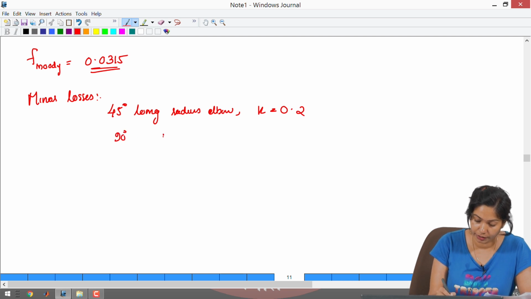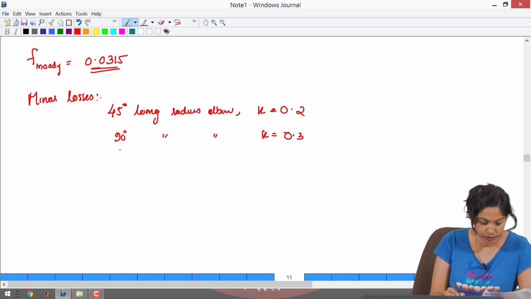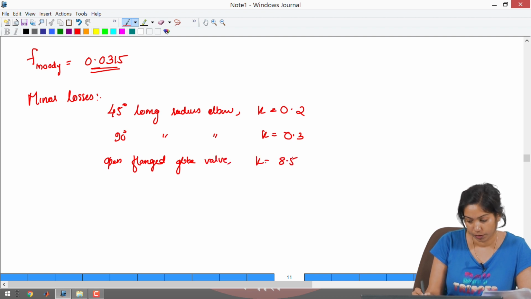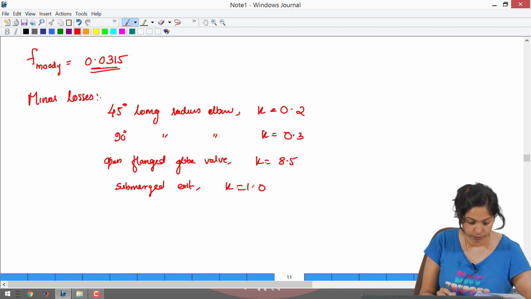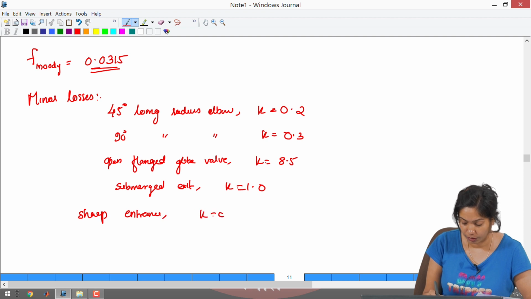Similarly, for 90 degree, k equal to 0.3. For the open flanged globe valve, k equal to 10. Similarly, for the submerged exit, k equal to 1. And for the sharp entrance, k equal to 0.5.